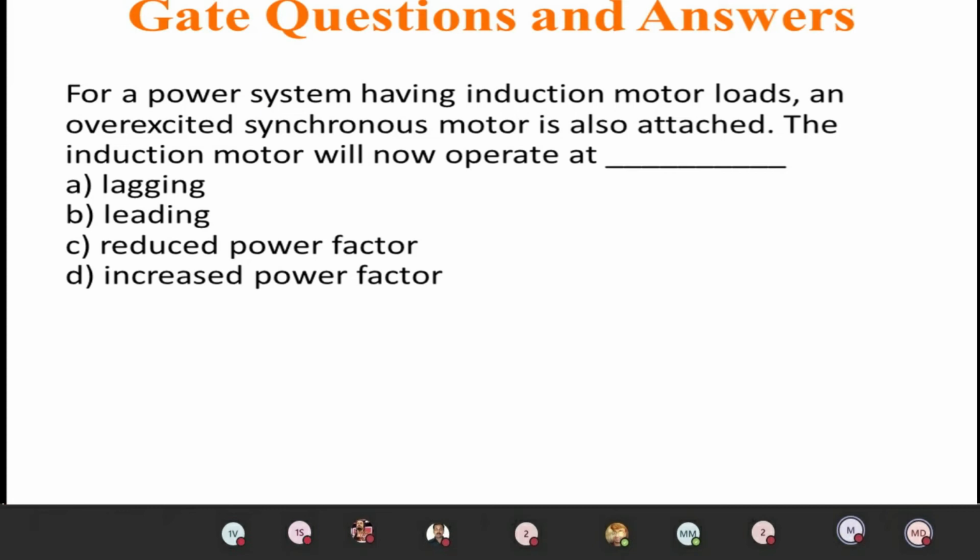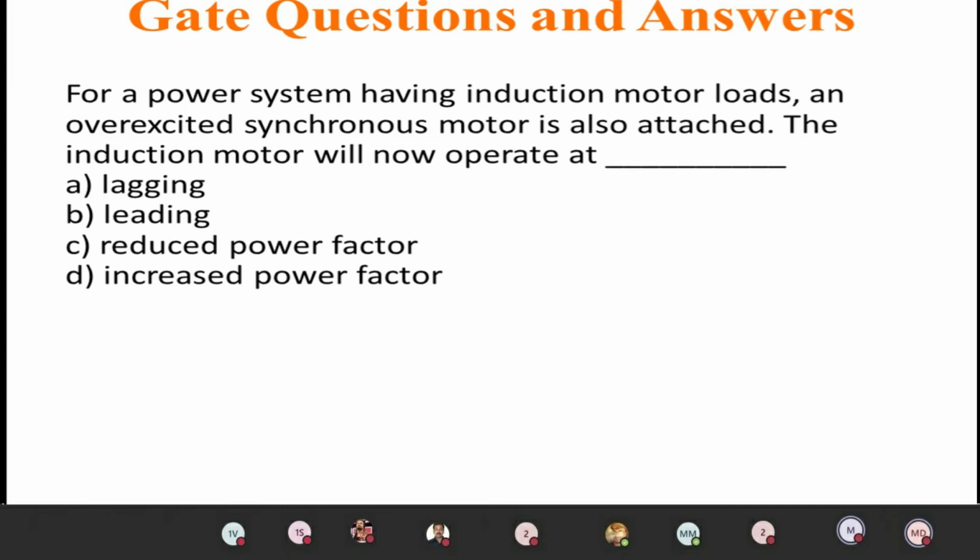They did not ask about the overall power factor or power system power factor. While you measure the power factor at the point of the induction motor, the answer options are lagging and leading, reduced power factor or increased power factor.